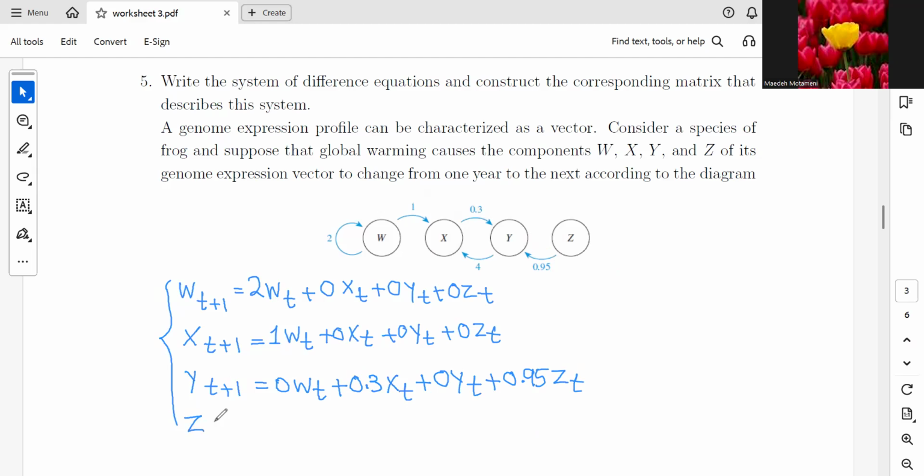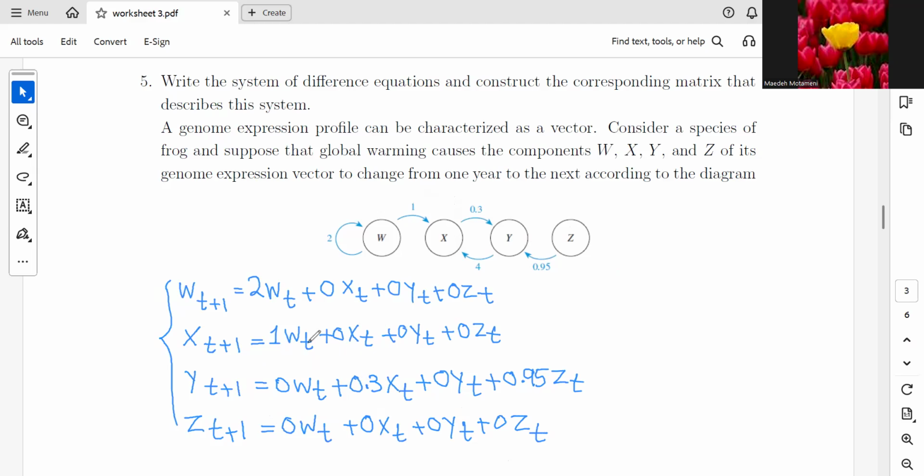And the last one, z sub t plus 1 is equal to 0 because there is no arrow that is pointing to z. It means 0. Also, it means 0 W t, 0 x sub t, and 0 y sub t, 0 z sub t. So these are the equations that we have.